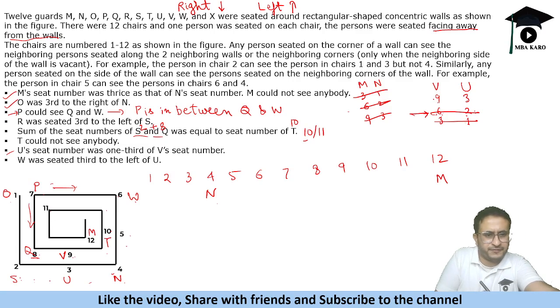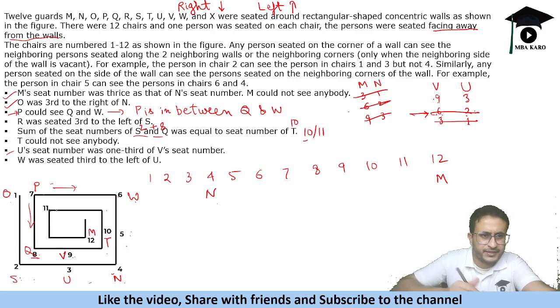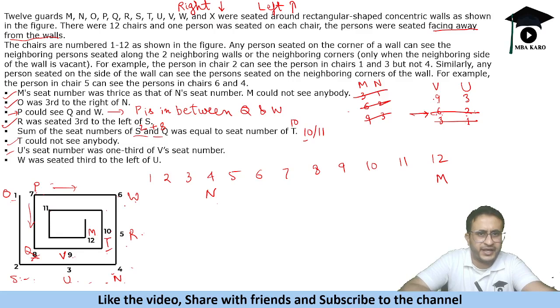Now we are left with just two people, one is at 5, one is at 11. T is also done, and R was seated third to the left of S. So this is S, 1 2 3, this is R. So R is also done, and then we will be left with one person. M, N, O, P, Q is done, R is done, S also is done, T is done, U is also done, V, W, and X is remaining.